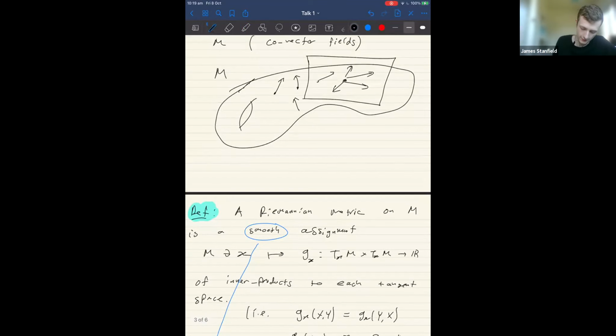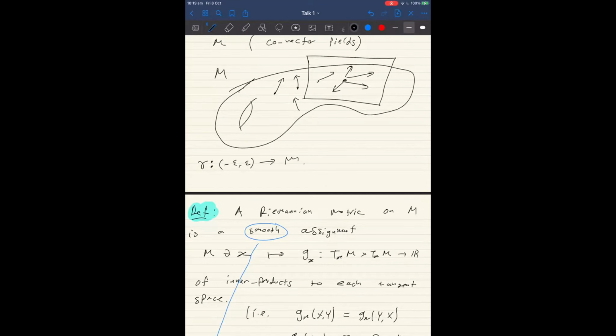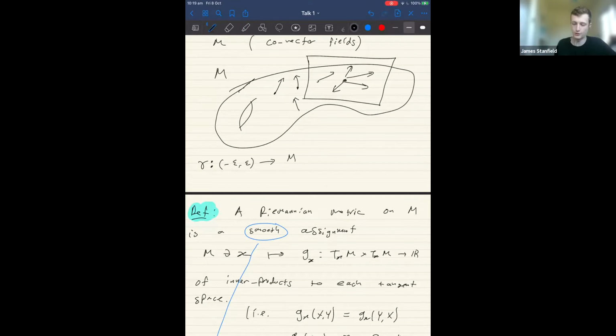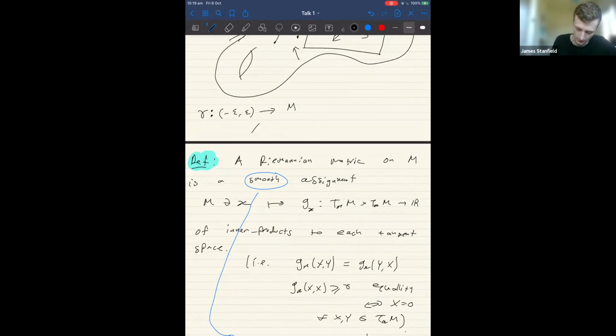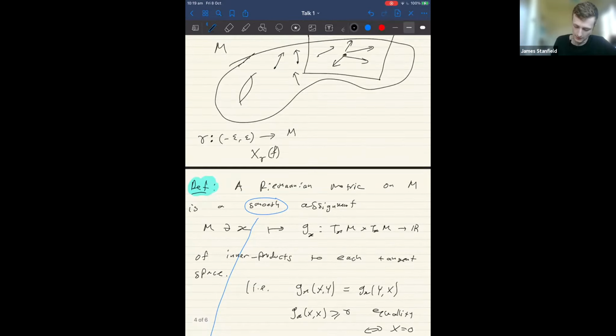So if I've got a curve, I guess I can show one direction, the other direction is not as easy, right? If I have a curve mapping from some open set into my manifold, this induces a so-called tangent vector in the following way. I'll call it x sub gamma, and this acts on functions as follows.